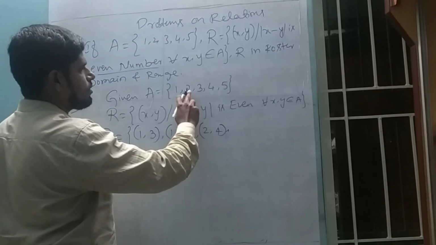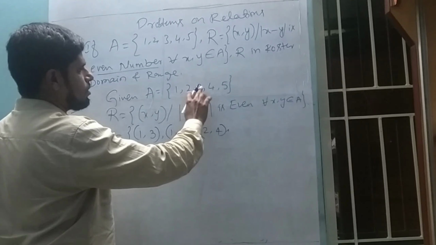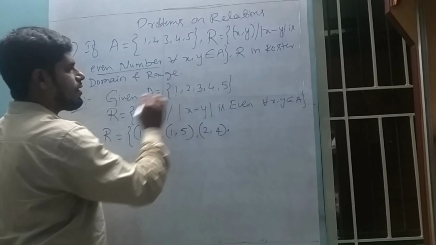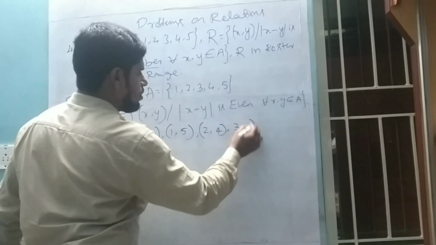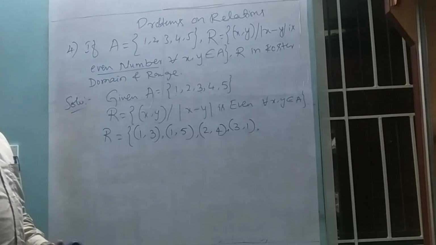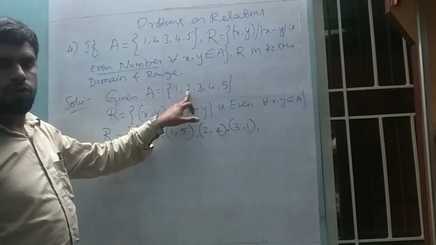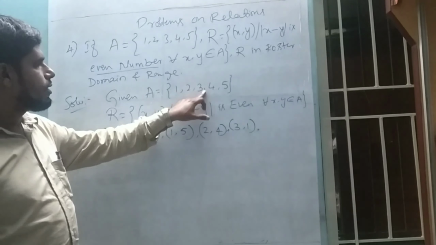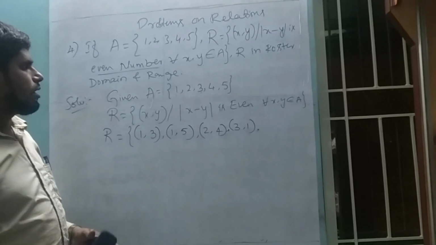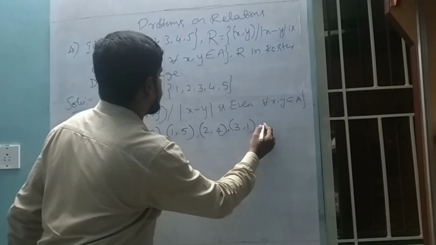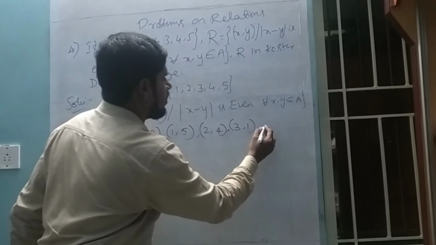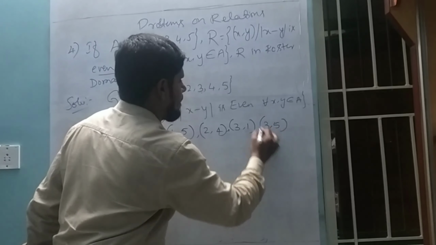Next is what? 2 over. Next 3. 3 1, yes, possible. 3 minus 1 is 2. Okay. Next 3 2, no, it's not possible. It is an odd number. Then 3 4 is not possible. 3 5 is possible. Okay.